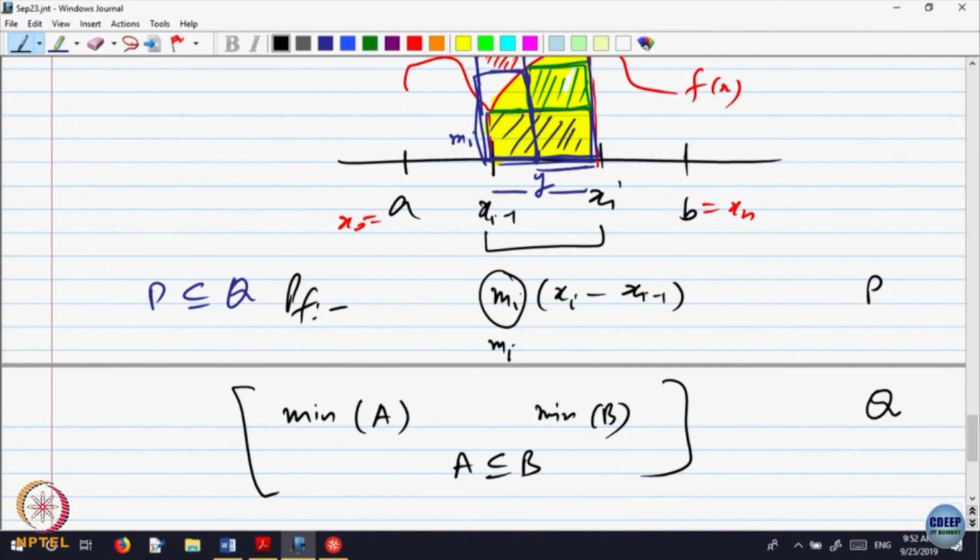B is the bigger set, right? So what is the relation? Minimum of A will be less than or equal to? No. So it is bigger than or equal to this. Minimum tends to increase when you shrink the set, because on the bigger set, the minimum could have been something which may have been eliminated in A. So minimum tends to increase.